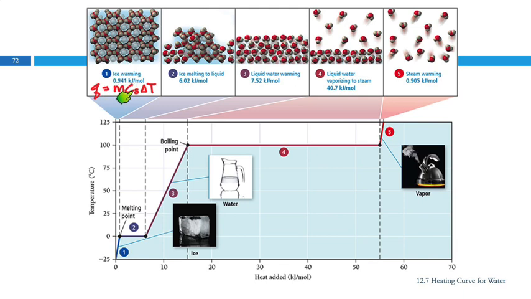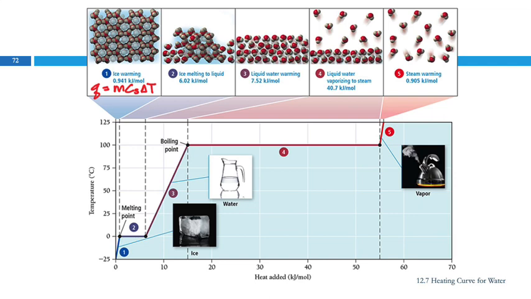We need the specific heat capacity of ice, which is not exactly the same as water, and we need the change in temperature, which would be final minus initial. Final is 0 minus negative 25, so plus 25. And that would give us this much kilojoules per mole.